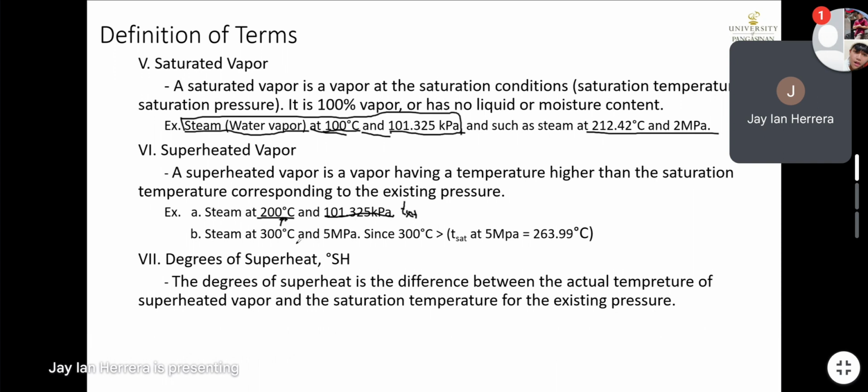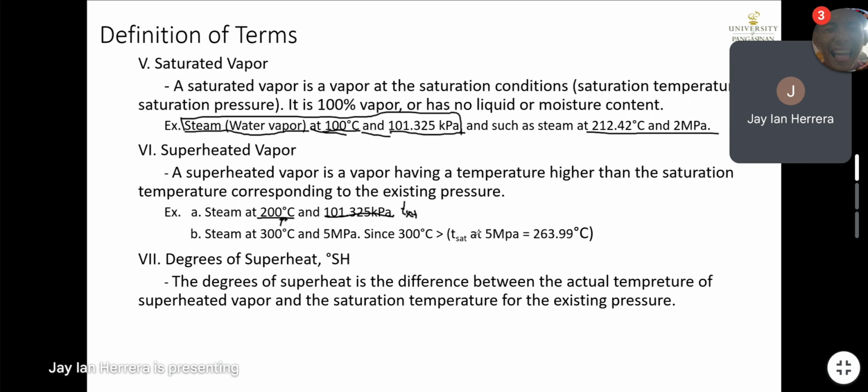Next is steam. Mas madaling intindihan kasi ito is face-to-face, and then meron tayong mga steam tables na mas magigets nyo. Example is steam at 300 degrees Celsius and 5 MPa.